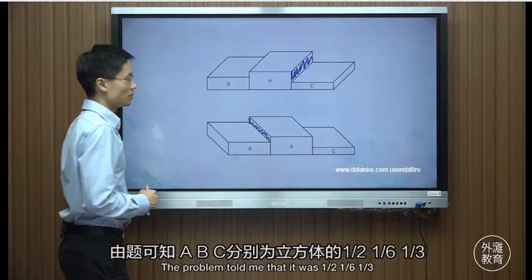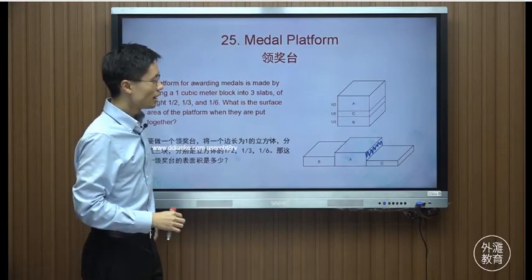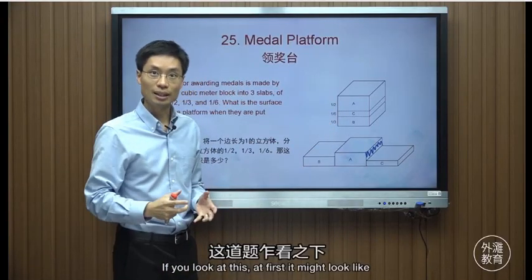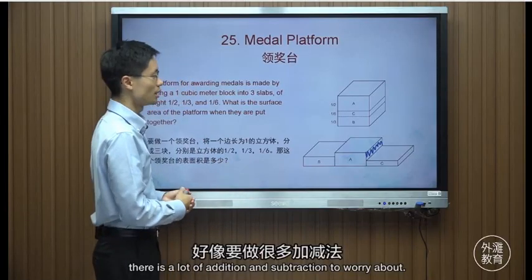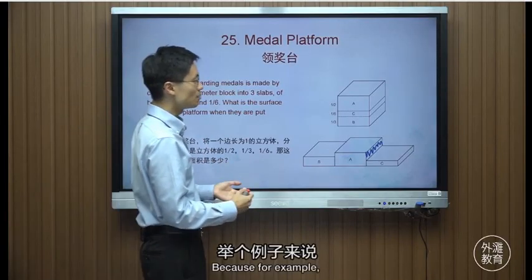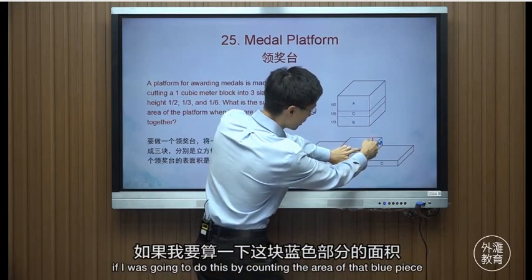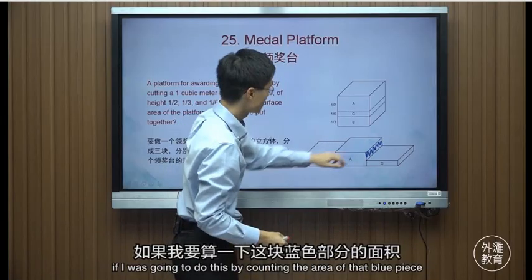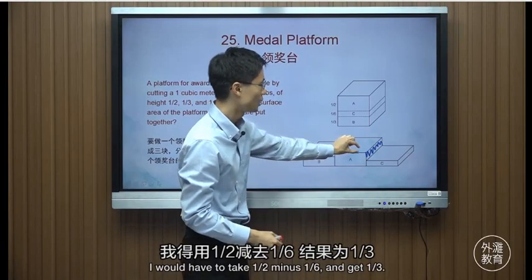The problem told me that it was 1/2, 1/6, and 1/3. If you look at this, at first it might look like there is a lot of different addition and subtraction to worry about. Because, for example, if I was going to do this by counting the area of that blue piece, I would have to take 1/2 minus 1/6, I would get 1/3.